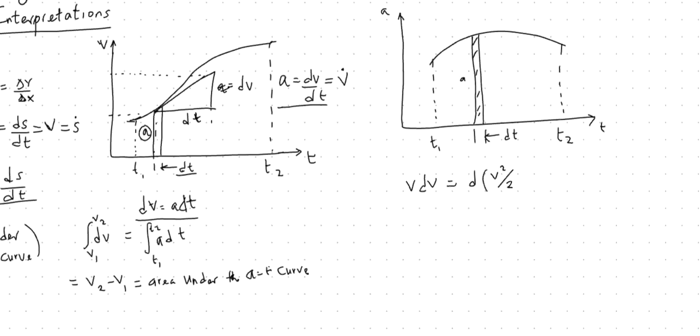Of course, the equation is meant to be V dv equals A ds. But don't forget, we have the acceleration-time graph. That's the AT graph. This is the AS graph.